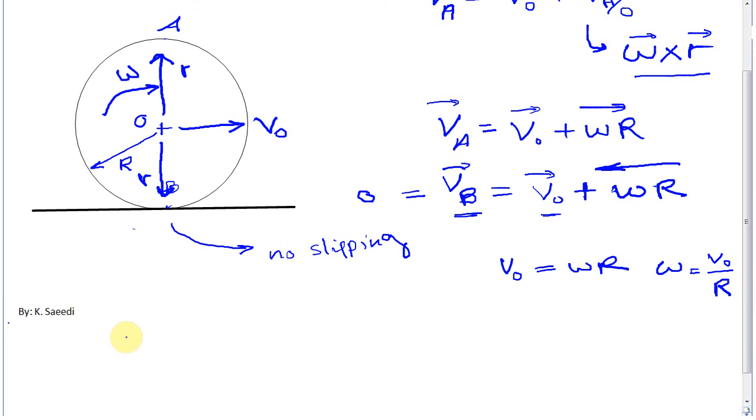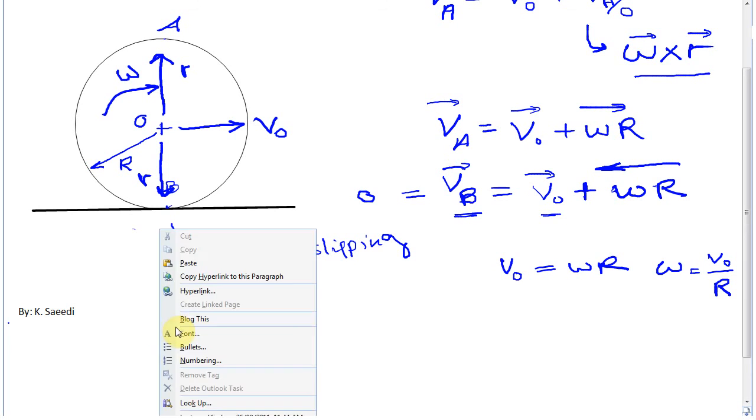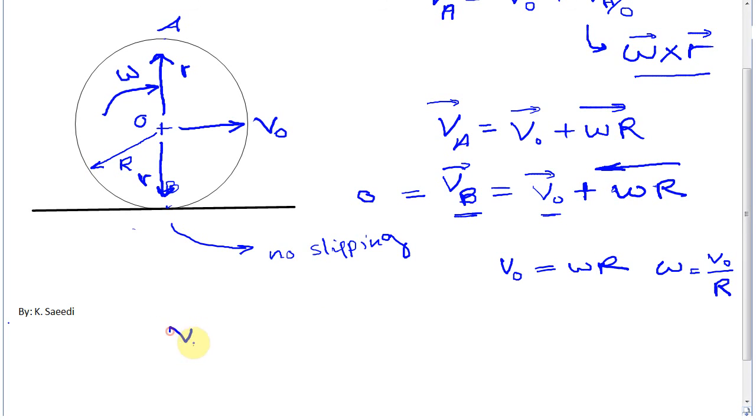Now if I write the equation for the velocity of point A again, I will have VA as a vector equal to VO as a vector plus omega times R to the right. If you remember, we calculated it and found that this is to the right.